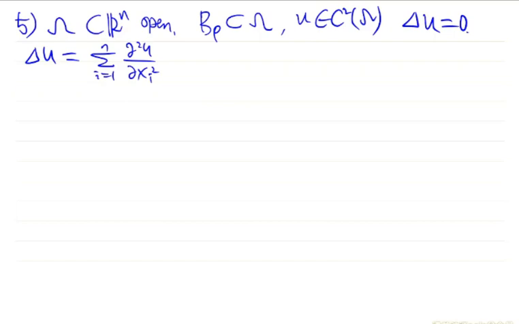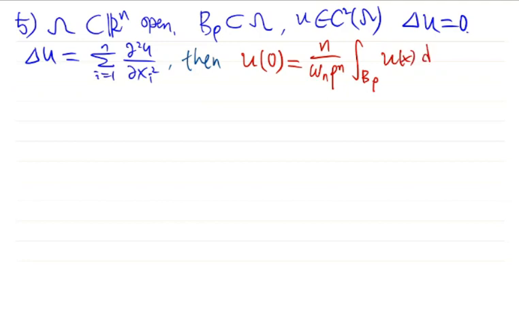Okay, then what we want to prove is that the value of u at the origin is 1 over omega n rho n times the integral over the ball of u(x) dx. This is called the mean value theorem of a harmonic function.